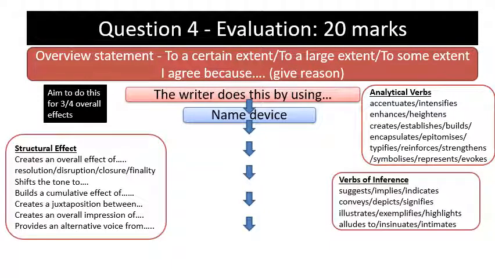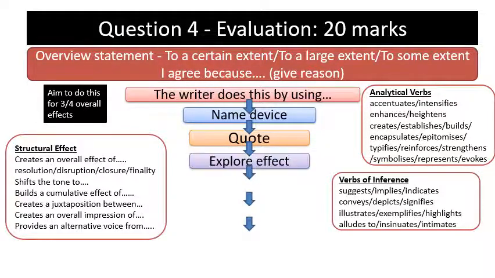It might be the pre-modifiers and the adjectives, whichever part you want to explore. Give your quotation from where it appears. Remember, if you can, embed it. For example, the velociraptors are described as, or the way in which they attack is described as. Make sure you embed it if you can. If not, remember the examiner is just looking for the quotation.